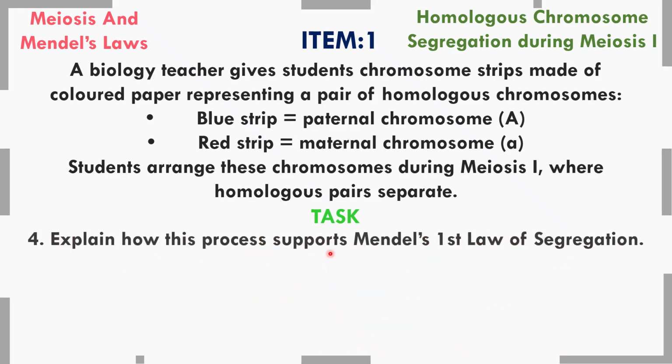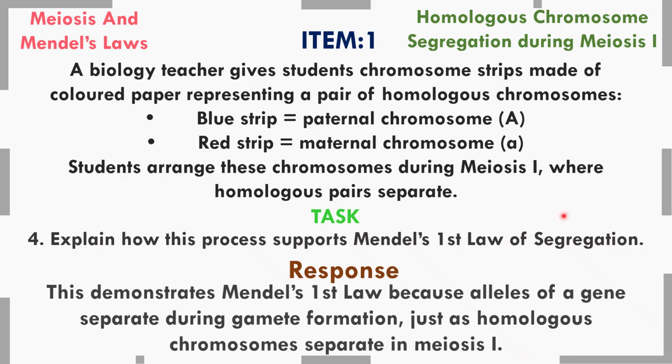Explain how this process supports Mendel's first law of segregation. This demonstrates Mendel's first law because alleles of a gene separate during gamete formation, just as homologous chromosomes separate in meiosis 1.